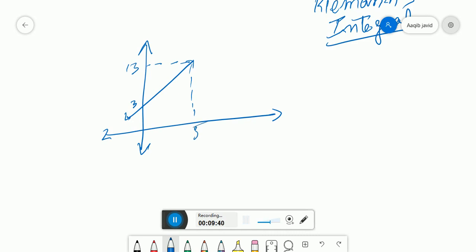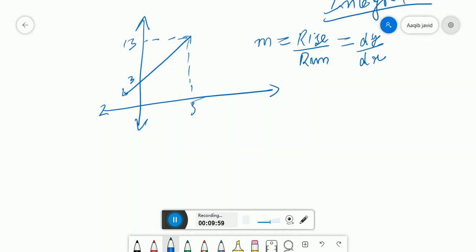So simply if we calculate the gradient, the simple formula for the gradient is rise over run, but if we introduce it to the language of limits, then we can write it as dy upon dx, that is, we are going infinitesimally small. So the gradient m equals rise, that's 13 minus 3, over run, that's 5, that's 10 upon 5. The rise is equal to 10 and run equals 5, that's gradient equals 2.